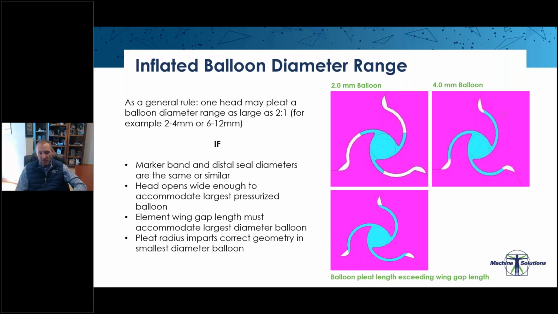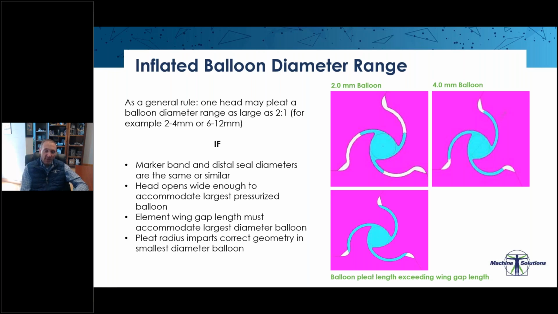And that can create a backfold in that section. If it goes too far past the end of the wing gap, it can actually be pinched by the hard stops between the elements and create a pinhole or some damage to the balloon. So when we look at sizing, if that balloon material is going too long up the wing gap, what we would typically do is go to a higher number of pleats, so that pleat length is shorter.